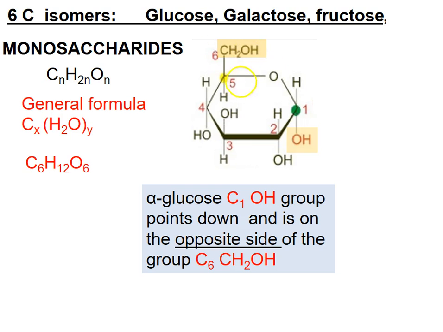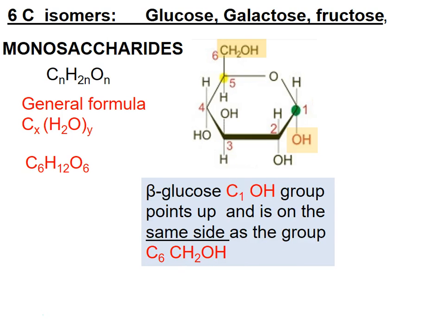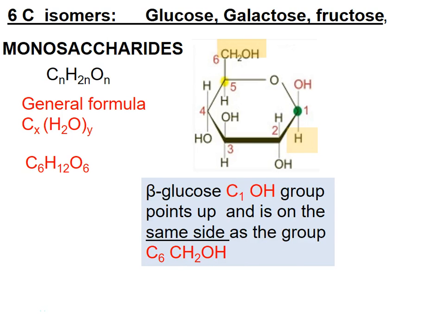The last carbon up here, the 6th carbon, has 2 hydrogens on it, so it doesn't have 4 different things on it. A beta glucose is when you flip that OH. So now the OH and that CH2OH are both in the same direction.